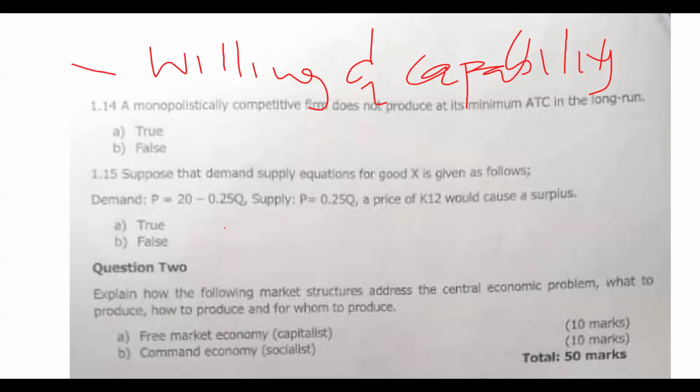Then we explored the relationship between the price of a commodity and the quantity of that commodity demanded, and said there is an inverse relationship between the quantity demanded and the price of the commodity in question.